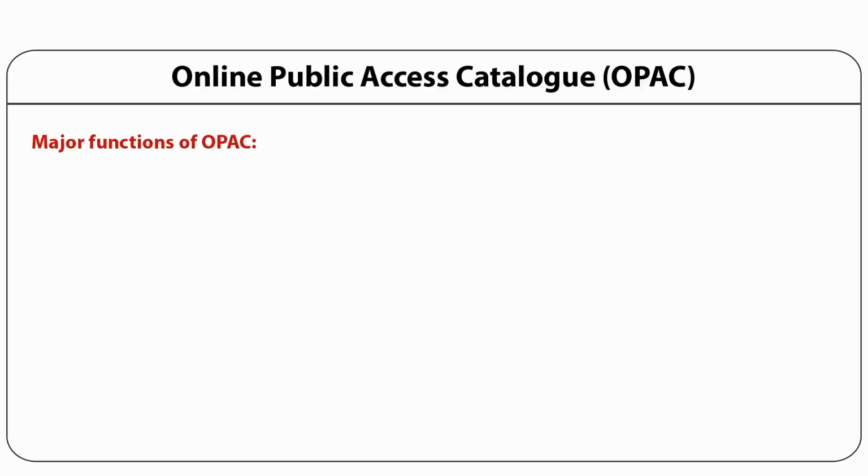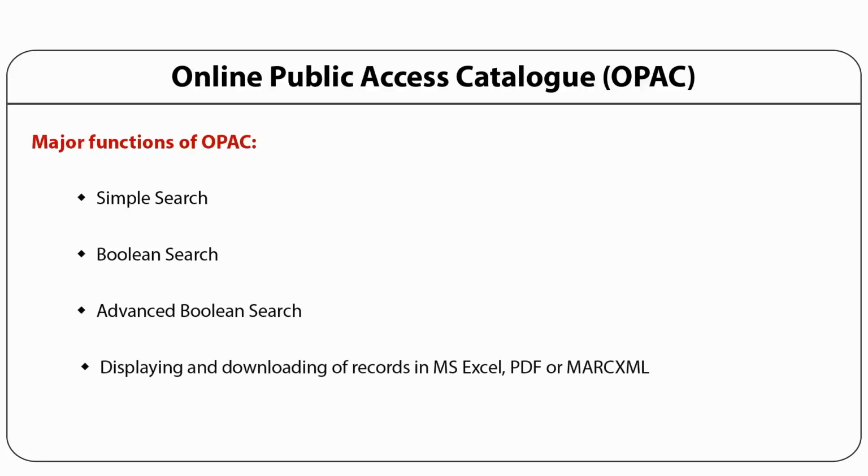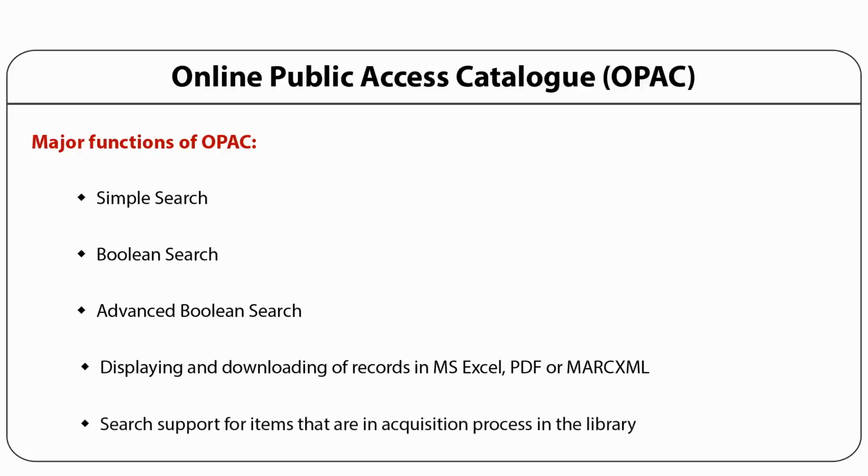Major functions provided in this module are simple search, Boolean search, advanced Boolean search, displaying and downloading of records in MS Excel, PDF, or MARC XML, and also search support for the items that are in the acquisition process in the library.